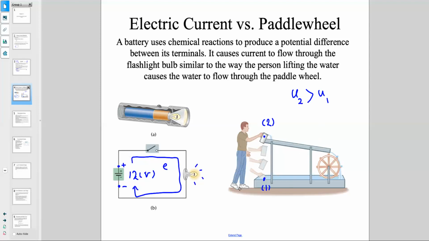The fact that we have charges going through this circuit is essentially the same thing. You are bringing it to a higher potential energy, and releasing it, it will go all the way to the lower potential energy. So from the high potential, we'll have things, water, electrons, charges, going to low potential.